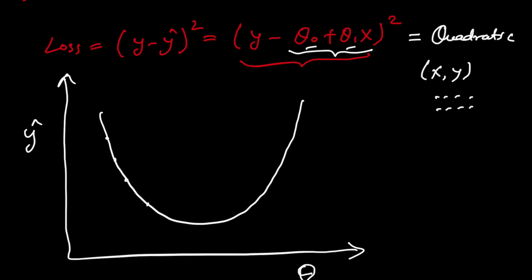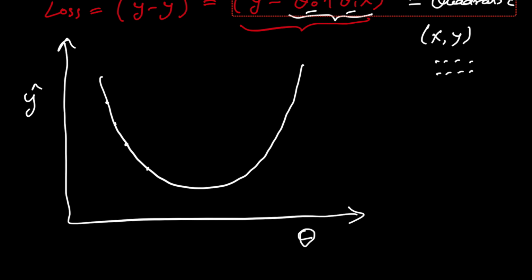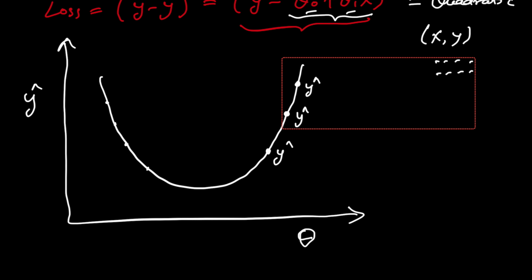Now if we look at this particular curve, at this particular point we would have some value of y cap, at this particular point we would have another value of y cap, like at this particular theta we would have another y cap. Which point do you think we should take so that it gives a minimum loss? Well, if you simply see, it's actually this point.